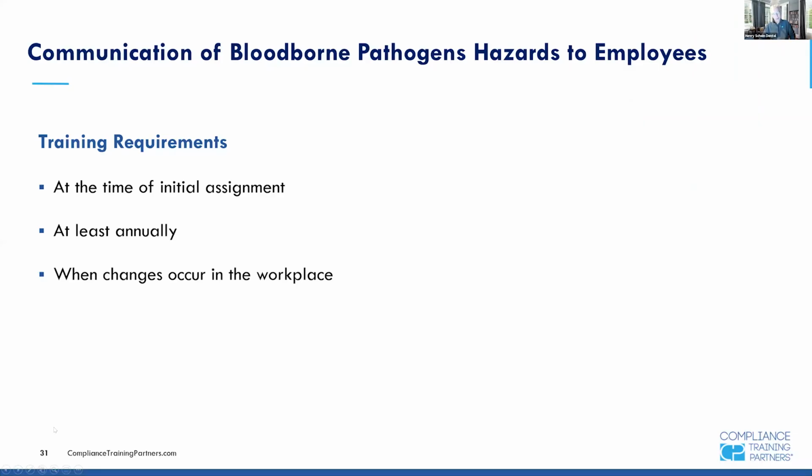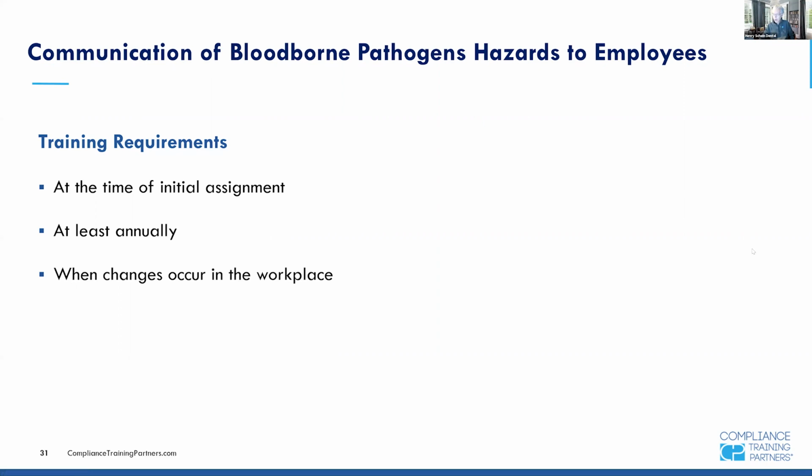So some things that you want to remember: bloodborne pathogens, hazards. Again, at the time of initial assignment, at least annually, and when changes occur in the workplace. So what I would do is set your calendar and just make sure that you have annual OSHA and infection control training every year.